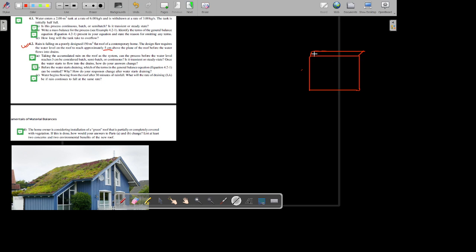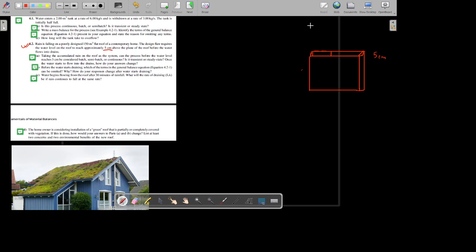I have a very bad hand at drawing. So let's say this is 5 centimeter. This is our roof, I mean home. This is our roof and this is 5 centimeter. This distance is 5 centimeter.